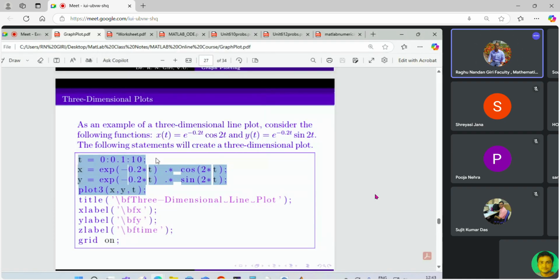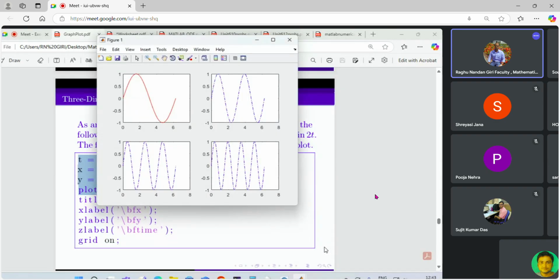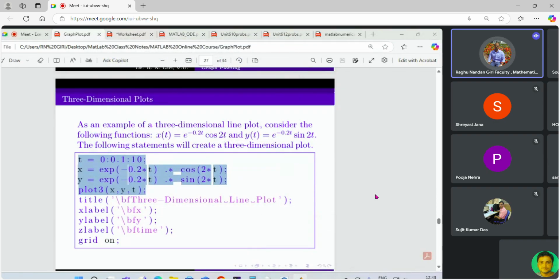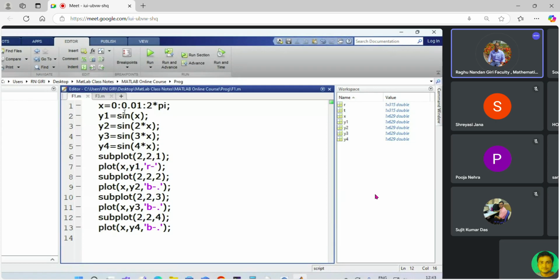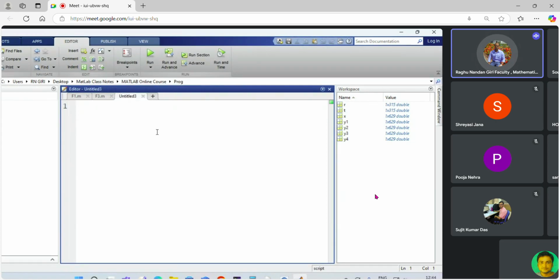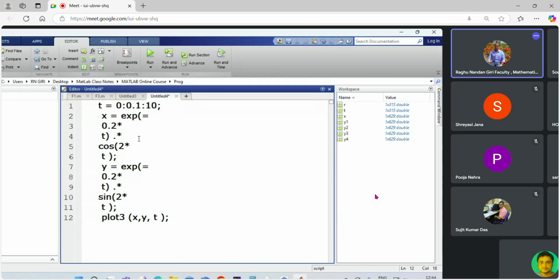See the line graph. When I do this, I describe it in the script.